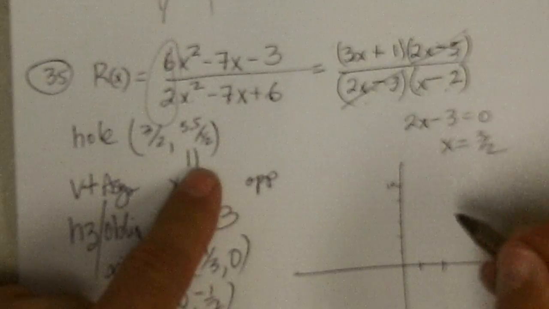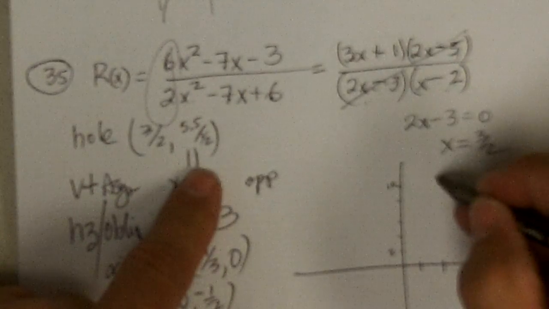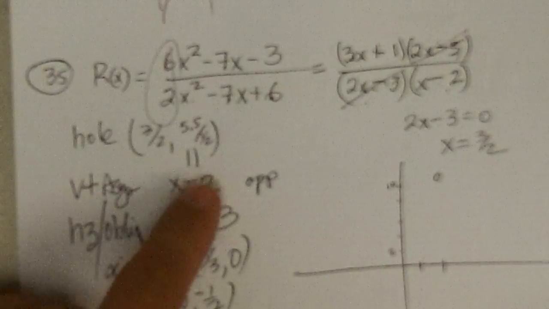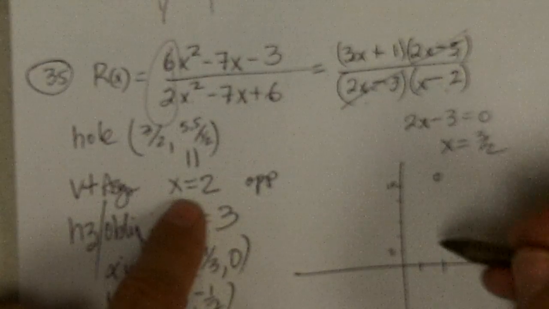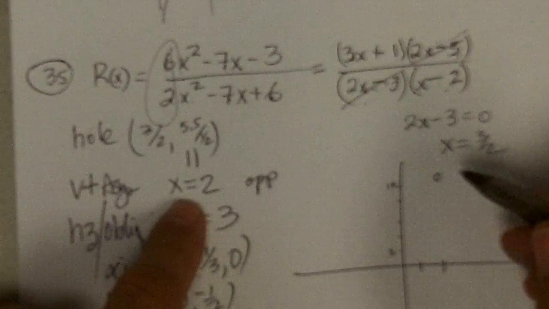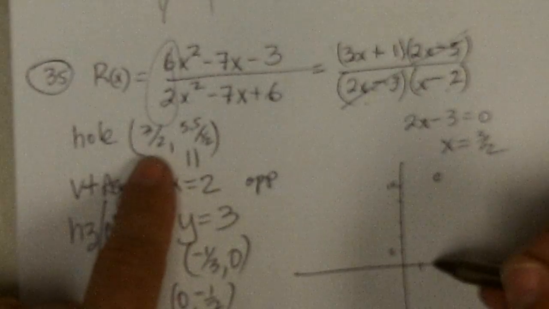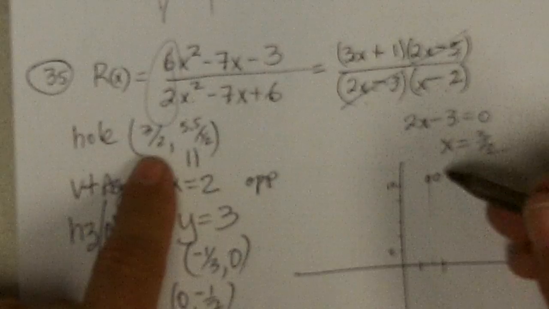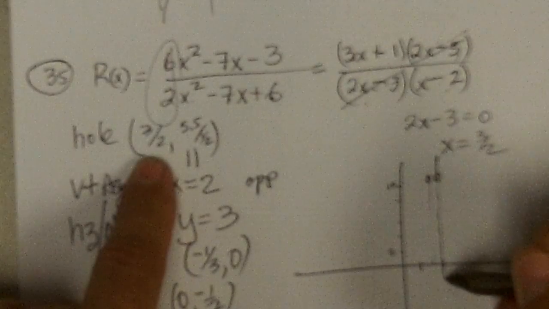So I'll go 2, 4, 6, 8, 10. So 11's here. There's a hole. Vertical at x equals 2. Oops. The hole is at 1.5 there, so it should have been there. A vertical at 2.